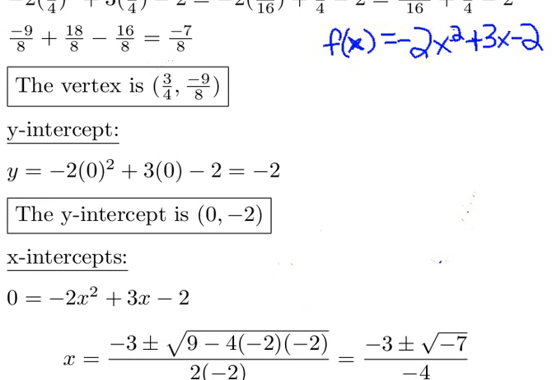Well, the vertex is going to be at... Oh, that's bad. Let's go ahead and try to draw this as best I can. The vertex is going to be at 3/4, negative 9/8.